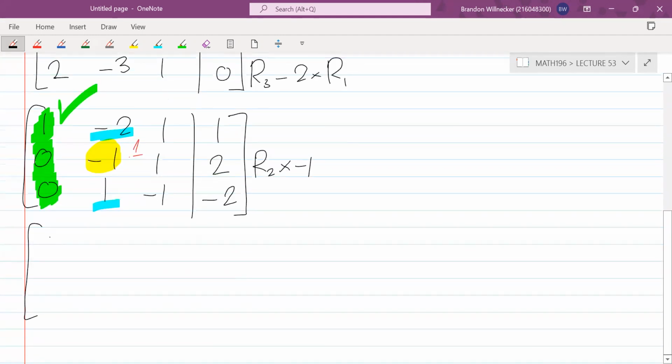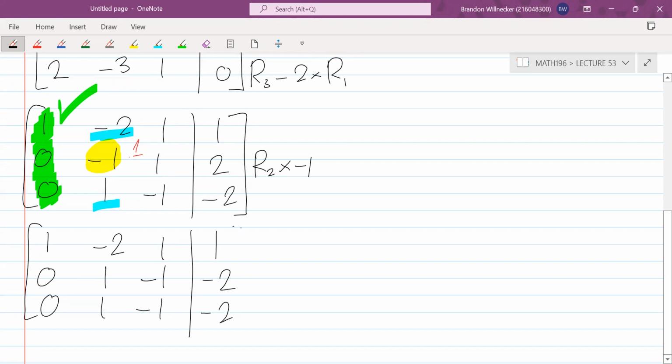Okay, so first row stays the same. So we get 1, minus 2, 1, and 1. The second row is going to become 0, 1, minus 1, minus 2. And the third row is exactly the same, 0, 1, minus 1, minus 2. Okay, so that bit's done.